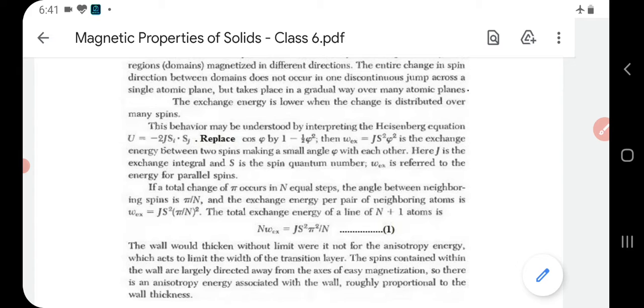Spin directions will vary from one domain to another, and that change in the spin direction between domains will not occur in a single jump. Instead, that change will occur only gradually over many atomic planes. The exchange energy is lower when the change is distributed over many spins.